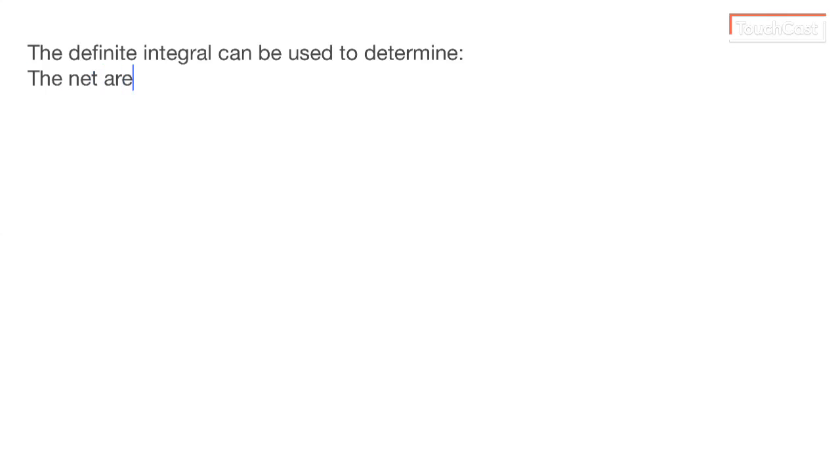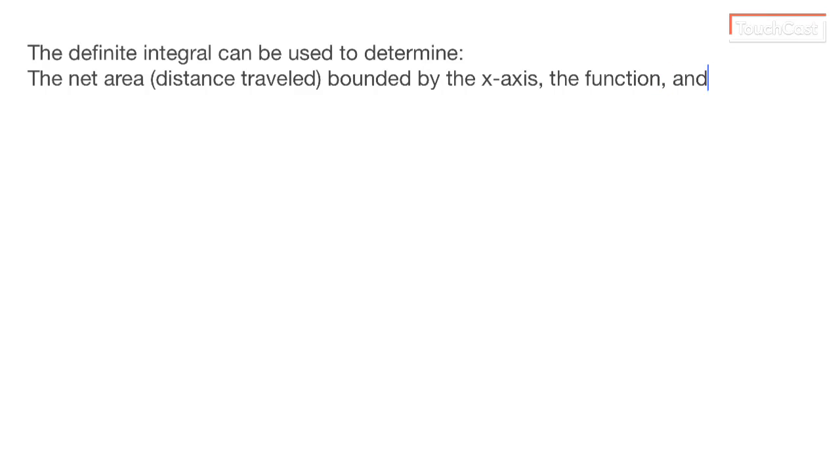Now, we can also say that the definite integral can be used to determine the following: the net area, or distance traveled, bounded by the x-axis, the function, and vertical lines at x equals a to x equals b.